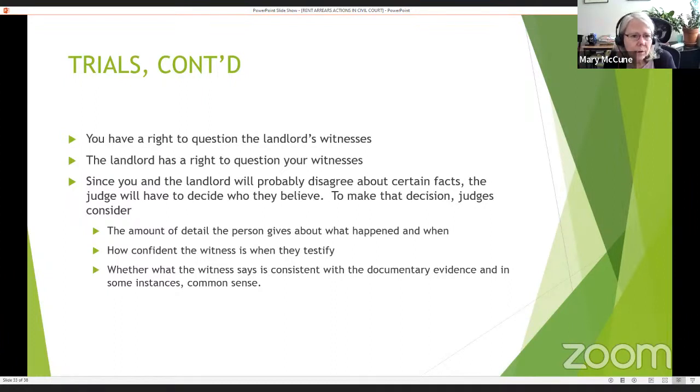Since you and the landlord are probably going to disagree about certain facts, the judge is going to have to decide who they believe. To make that decision, judges consider the amount of detail the person gives about what happened and when it happened, how confident the witness is when they testify, how sure they seem about the facts.